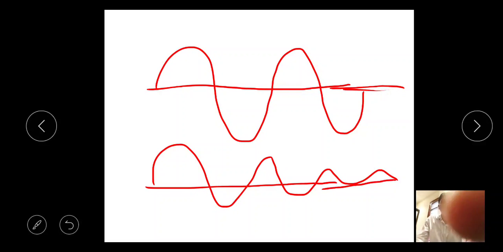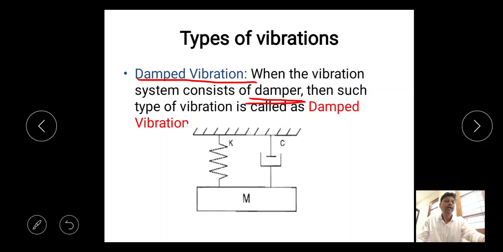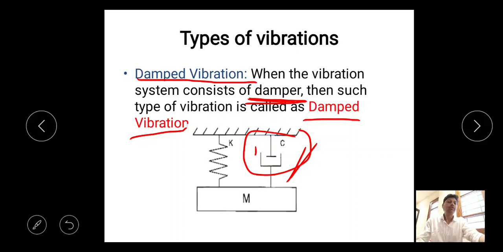To reduce this vibration, we'll be using a damper. It will be a spring mass system, and we'll be using one more element, that is the damper. Using this damper, we can reduce the vibration. Such a system is called a damped vibration. If you are using a damper, then it is called damped vibration. Why do we use a damper?